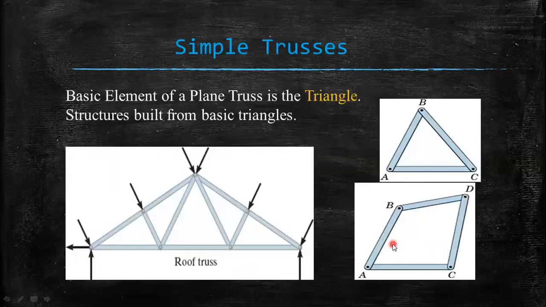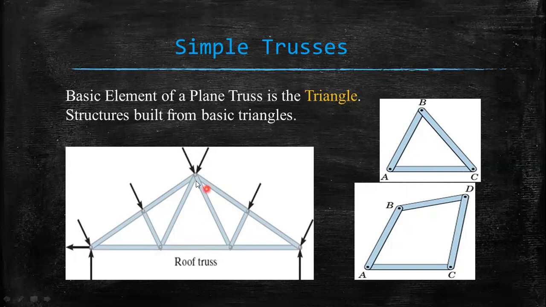Now, what are the basic elements of a plane truss? The basic element of a plane truss is the triangle, as you have already seen: one member, another member, and three members in this particular figure, they are joined together at their ends, and ultimately they form a rigid structure, which leads to the formation of a truss.